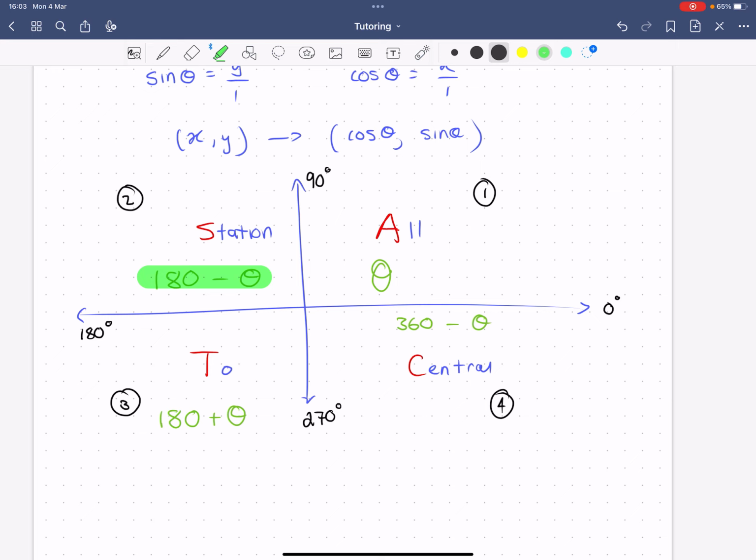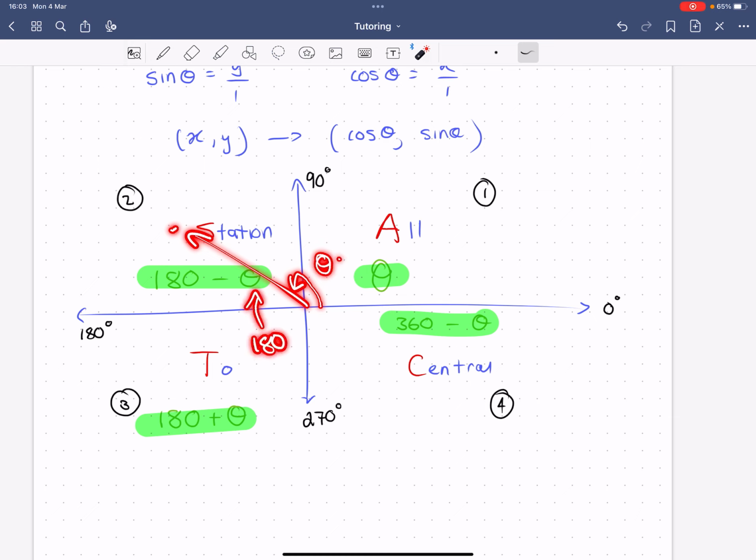I'm going to briefly explain why these are the case. I'm not going to do it fully, but all angles in the first quadrant, we're just going to call theta. In the second quadrant, we know that all angles add to 180 degrees along a straight line. So if this was a theta here, in here would be 180 minus theta, and that would get my angle in there.